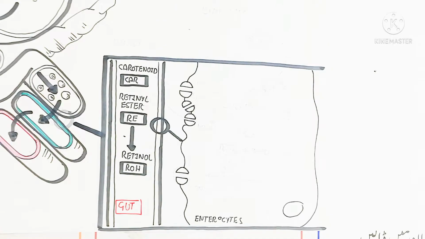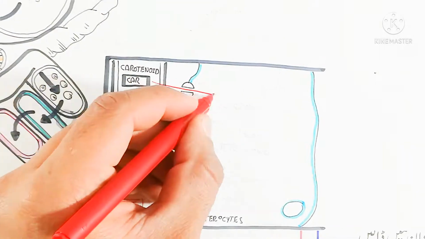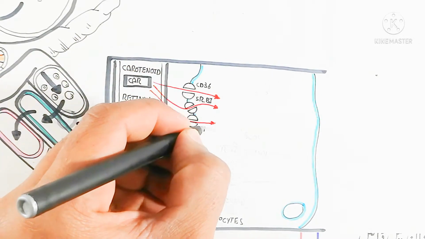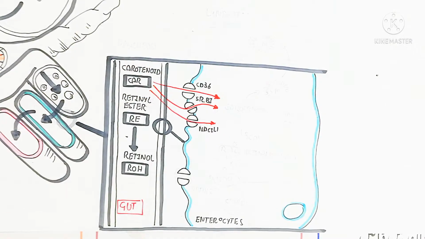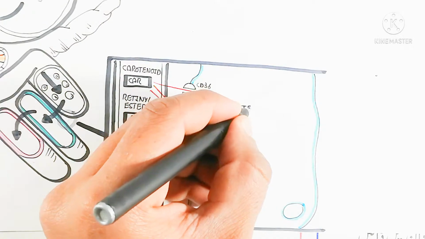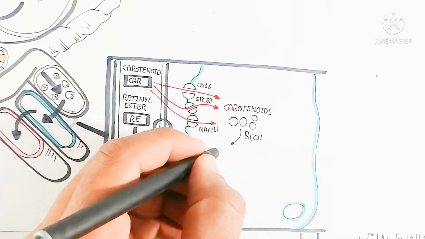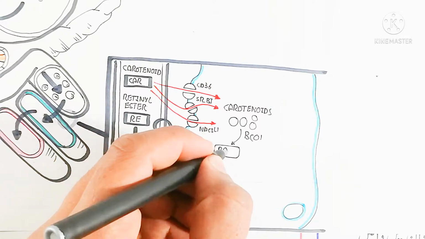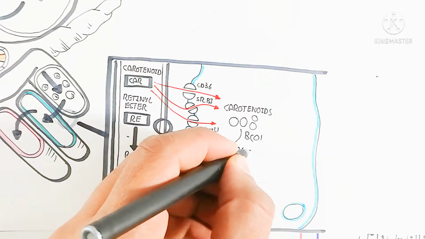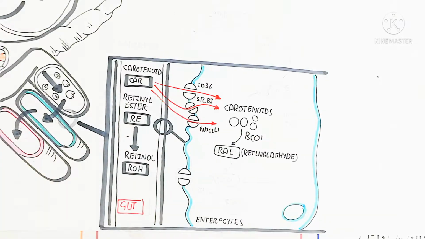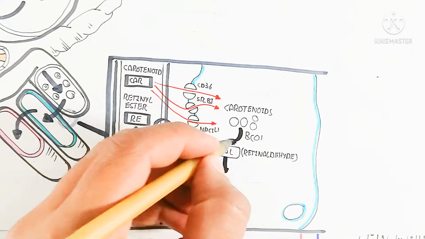So here is the carotene, which goes into the digestive tract, and this carotene will enter through CD36, SR-B1 and NPC1L1 transporter channels, and carotene will move inside, and in the presence of BCO1, retinaldehyde formation will occur in the enterocyte.